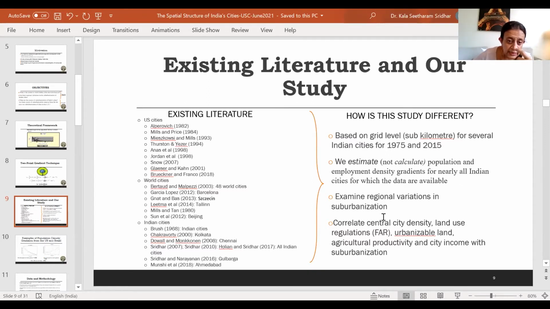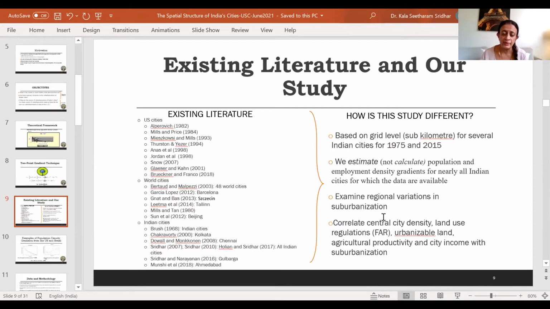On Indian cities, Duval and Mankonen estimate the population density function for Chennai, India, and they find that Chennai indeed suburbanized, and they summarize the implications for Chennai's real estate. In my 2007 Regional Science and Urban Economics and Urban Studies paper, I used calculated density gradients because I could not get the data to estimate them.